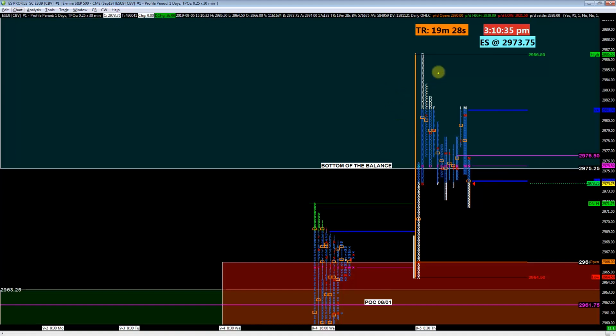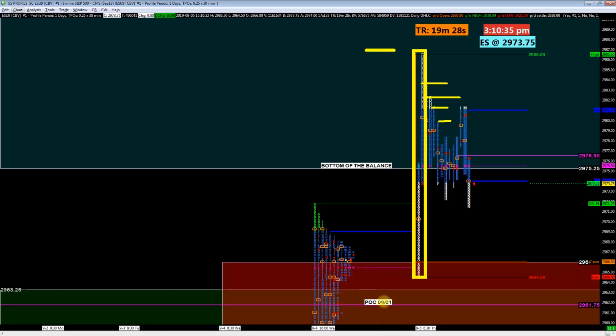Early on, one thing that we noted, and I was looking for shorts, was the fact that we were printing lower highs, lower highs, lower highs. Everything was inside. If you looked today, we were not able to break out of the initial balance. The whole day trading was inside the initial balance.